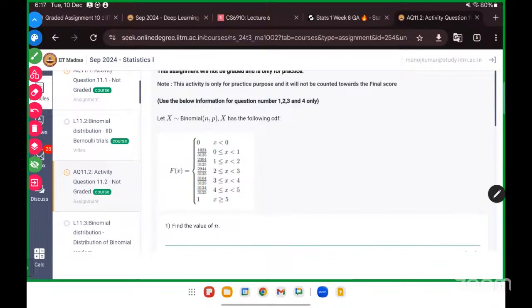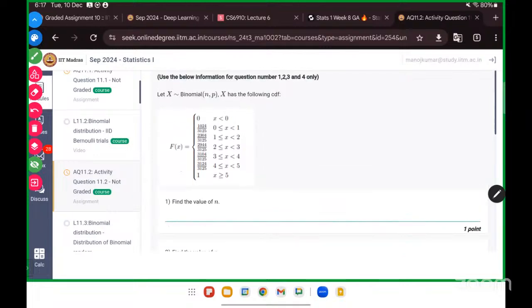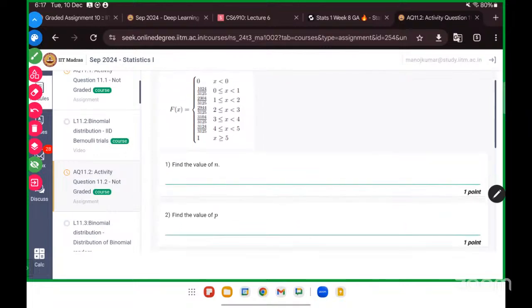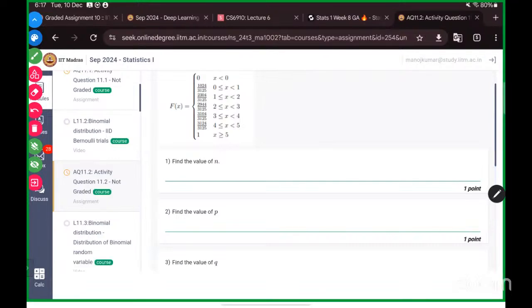Find these values, right? So what is the value of n? How will I do that? It's given, right, how many are there. Whatever values x can take, they've given us that it can take 0, 1, 2, 3, 4, or 5.